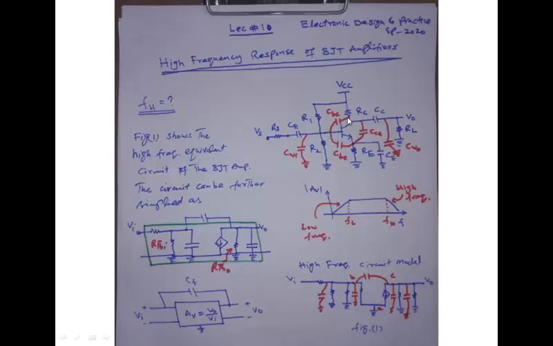Base is the input and collector is the output port. So this theorem will help us to isolate the input and output sides. How? Let us proceed further.